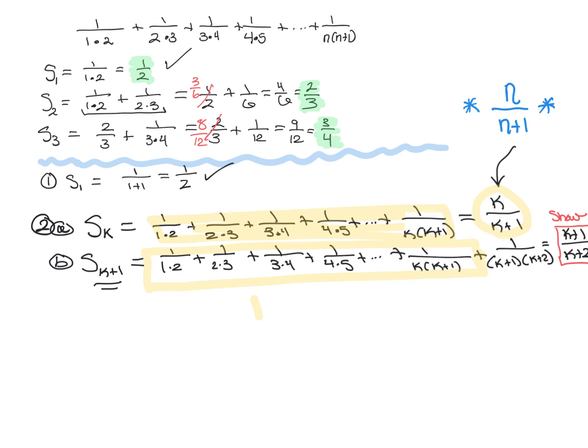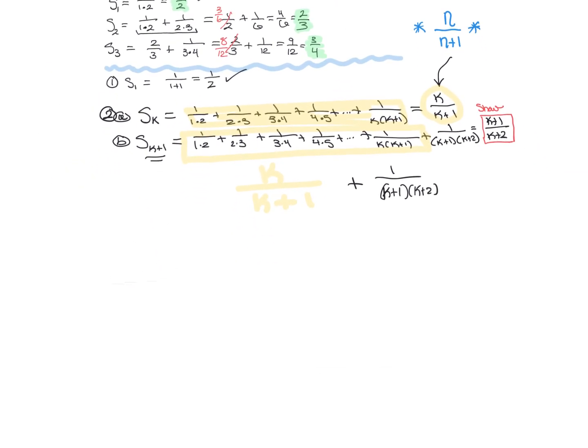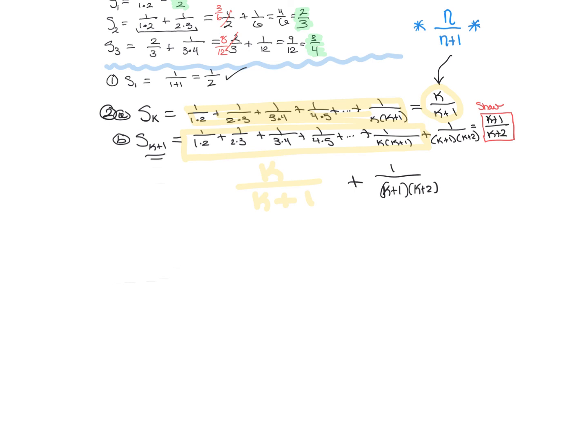So I can call this piece right here k over k plus 1. And then I have to add in my last piece, plus 1 over k plus 1 times k plus 2. So now what I need to do is do some algebra. I need to get to that magic red box. So let's make that happen.